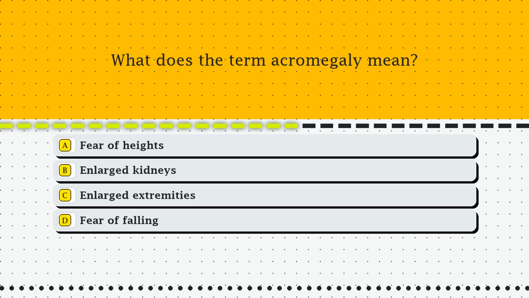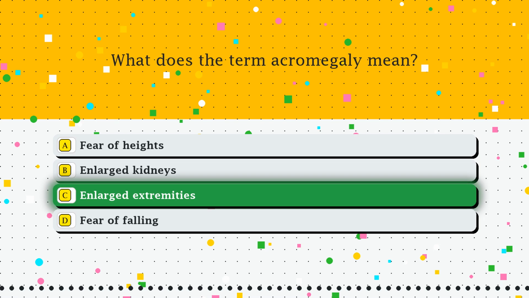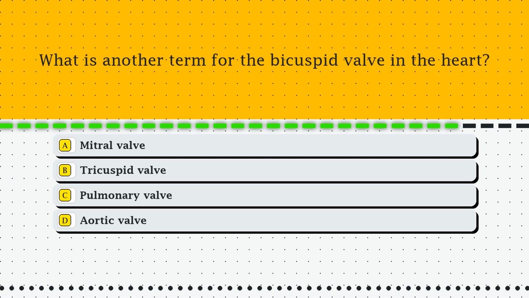Option A, fear of heights. Option B, enlarged kidneys. Option C, enlarged extremities. Option D, fear of falling. The correct answer is option C, enlarged extremities. Question 164.